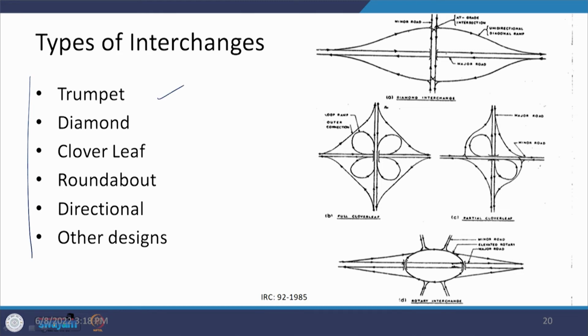These are trumpet, diamond, cloverleaf, roundabout, directional, or there may be different combinations of these. What you can see is a diamond intersection shown at the top, a full cloverleaf shown here, a partial cloverleaf, and then a rotary interchange provided at the bottom, on the right hand side.